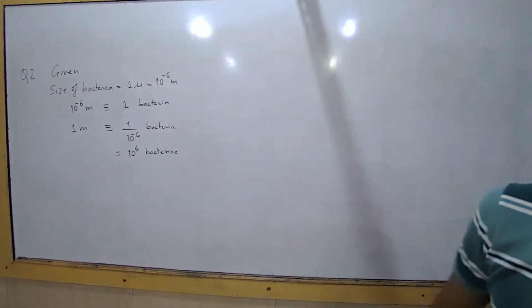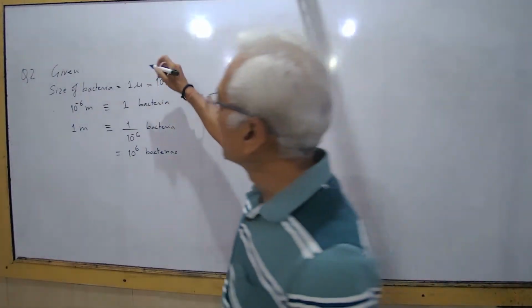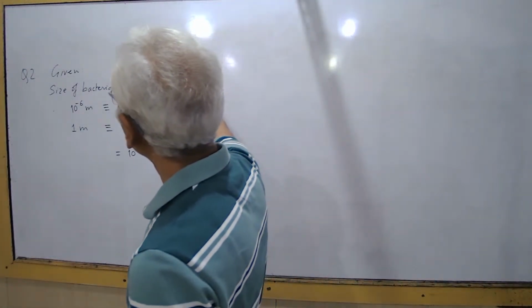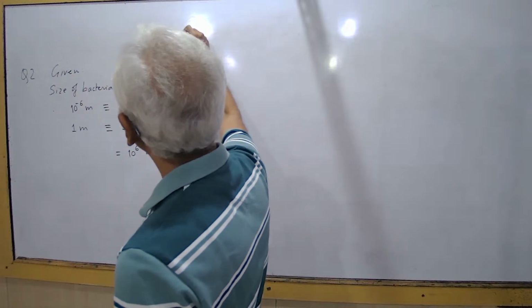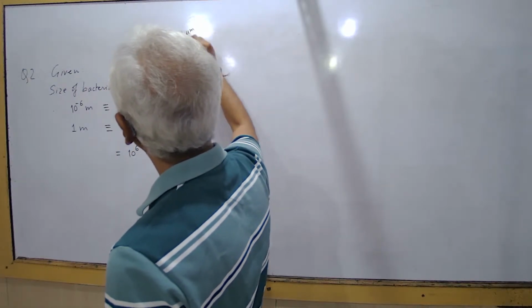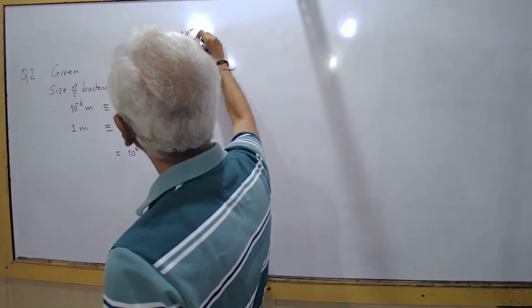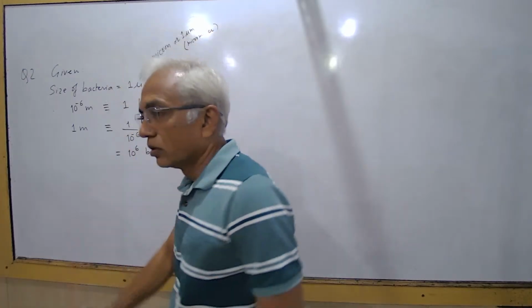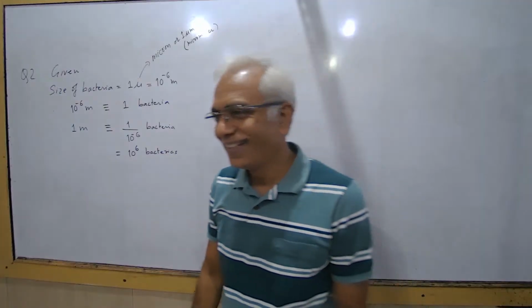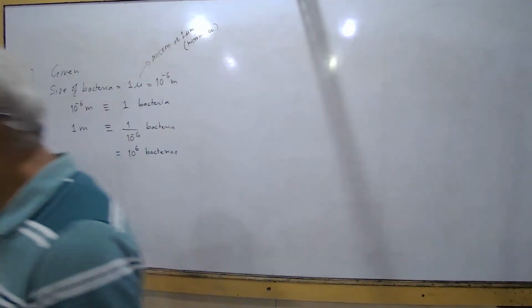This is mu, micron. It's pronounced as micron. 1 micron, or 1 micrometer. Micrometer. Yes. And that becomes... Not all of these.